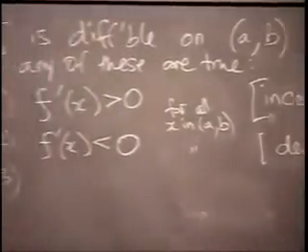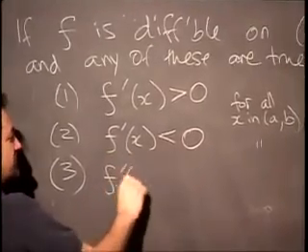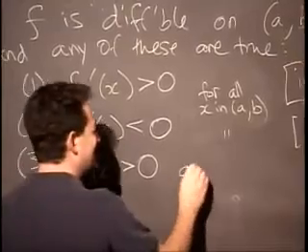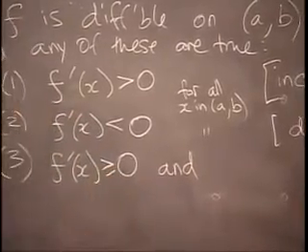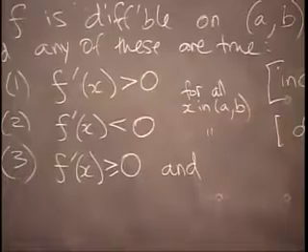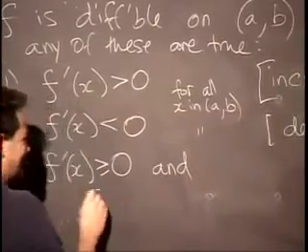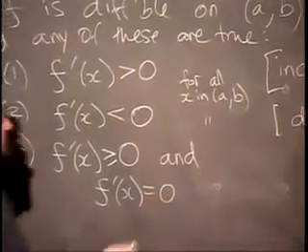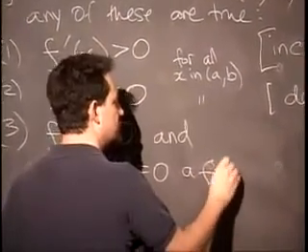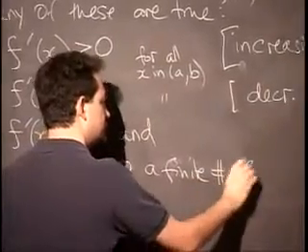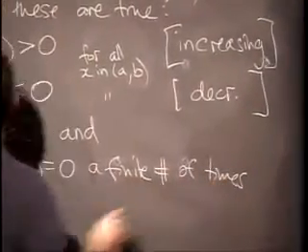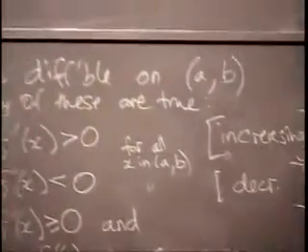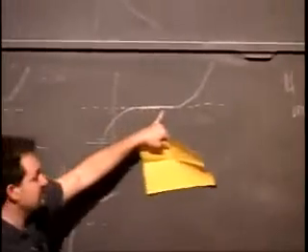Another possibility that's good, and it's a little more complicated, is if it's always increasing and maybe equal to 0 somewhere, but it's only equal to 0 a finite number of times. So I'm trying to avoid this situation here, where it's infinitely often 0. Everywhere in here, the derivative is 0.